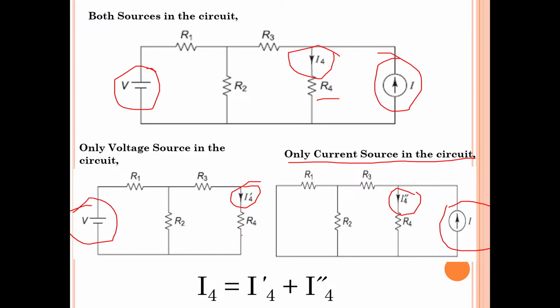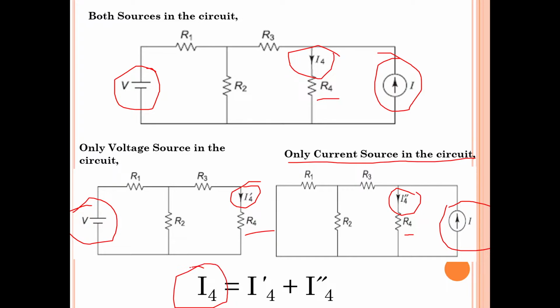R4. So the current flowing through any element is the algebraic sum of the currents that would be produced by each independent source acting alone.